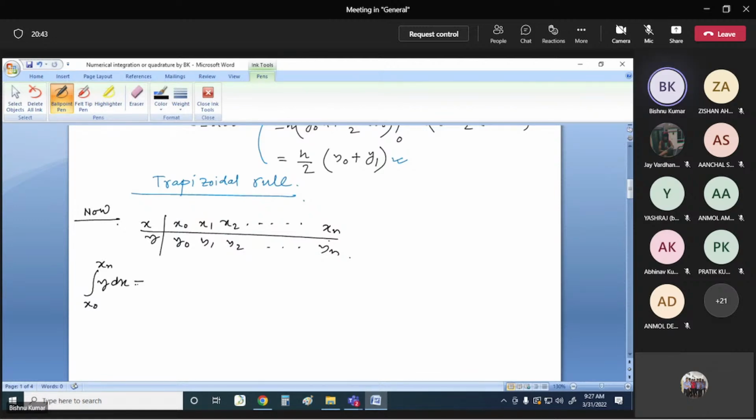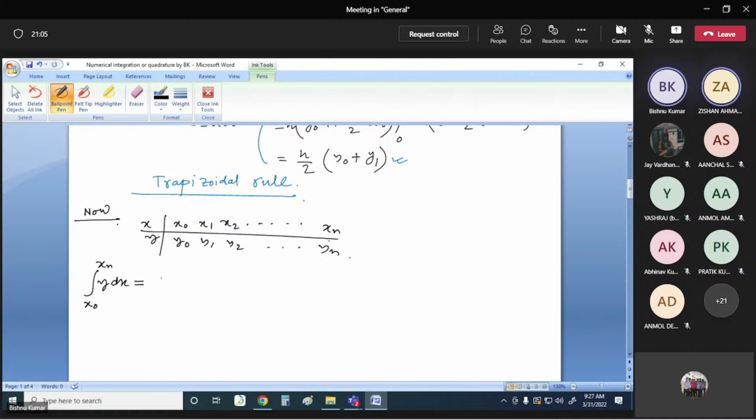So what you are doing actually: x0 to xn means n plus 1 points. With the help of n plus 1 points, you do have how many sub intervals? If you consider x0 to x1 one interval, x1 to x2 another interval, so with the help of n plus 1 points, you do have n sub intervals.